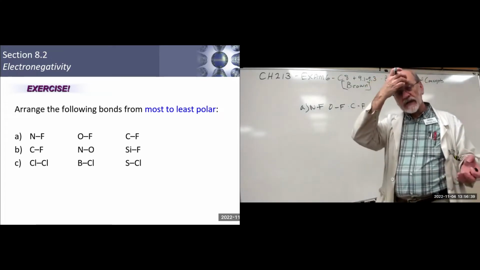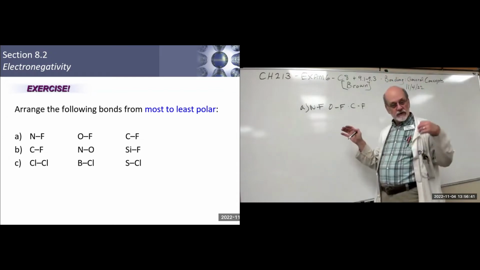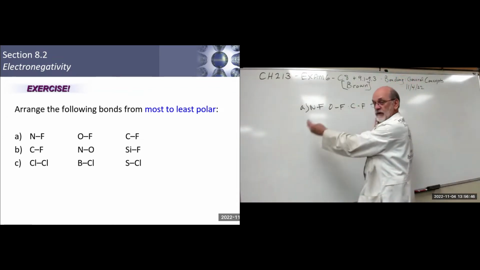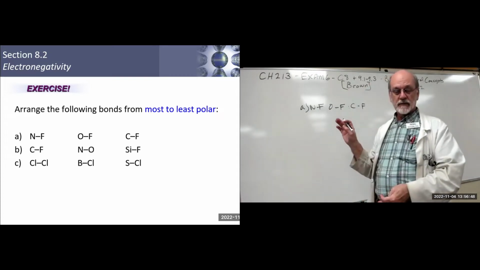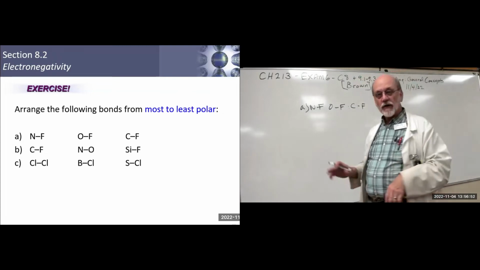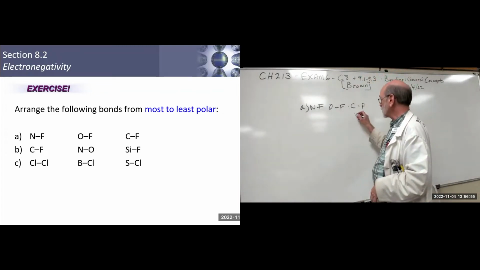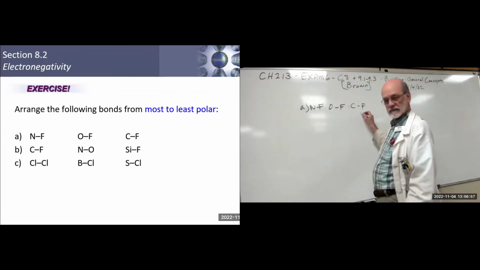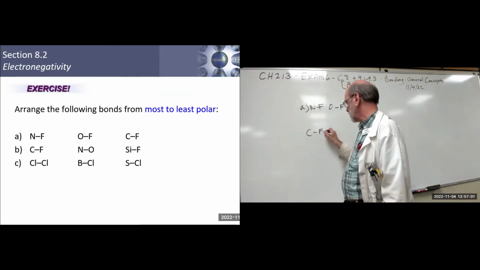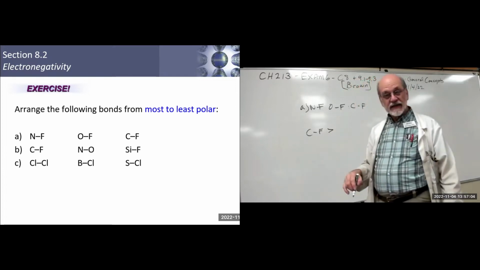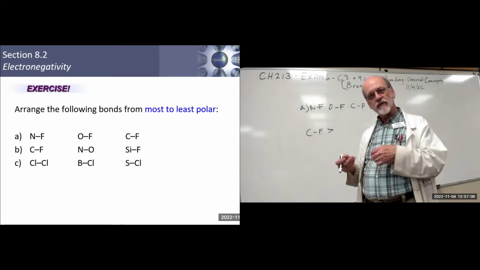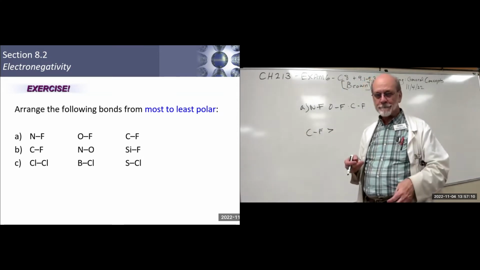So really all we need to do is say the most polar is the one where they're farthest apart on the periodic table. And they're all in the same period. Carbon is farthest to the left, so this one should be the most polar, right? From most to least, the most polar would be this one. The least polar, since we've got three, if we do the most polar and the least polar, then the third one fits in the middle.